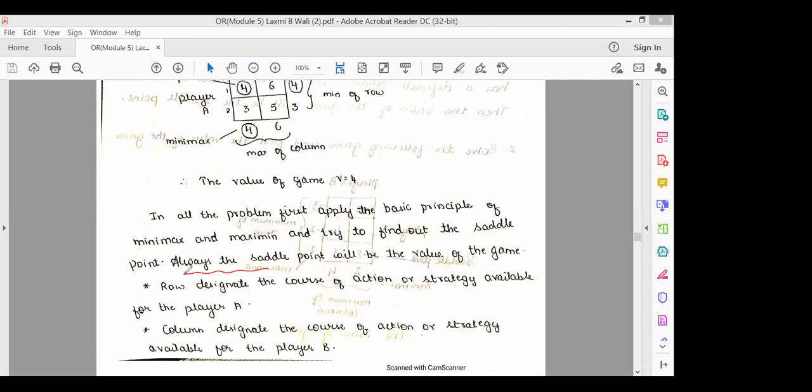So here always the saddle point will be the value of a game. Now, I have written some points here. We'll go through these points quickly.